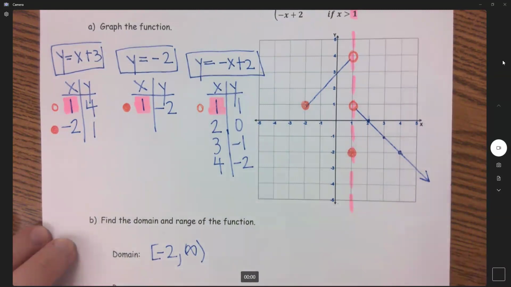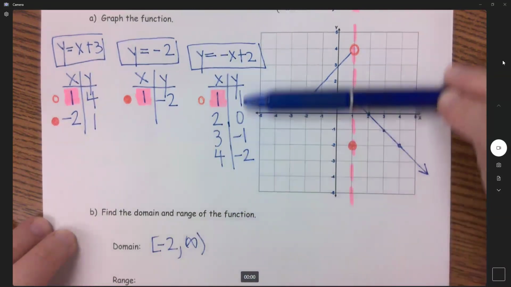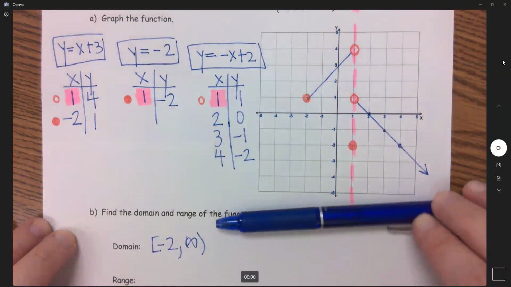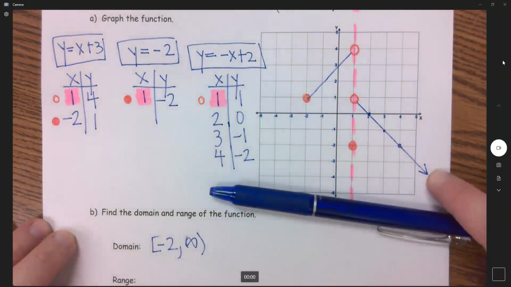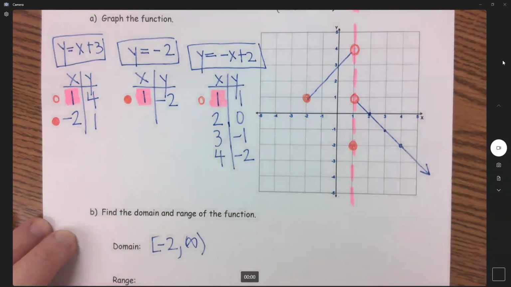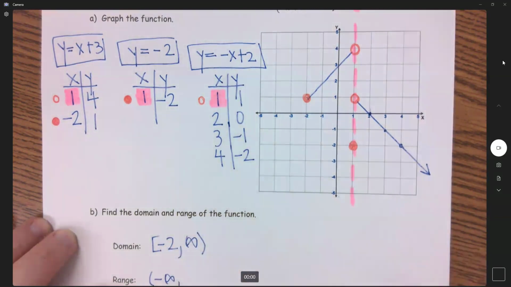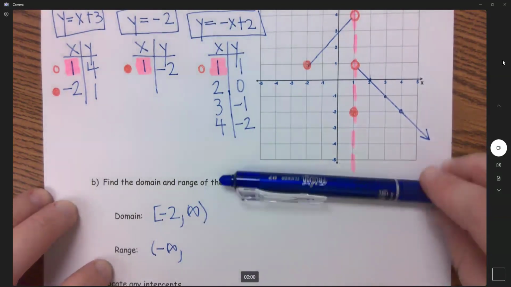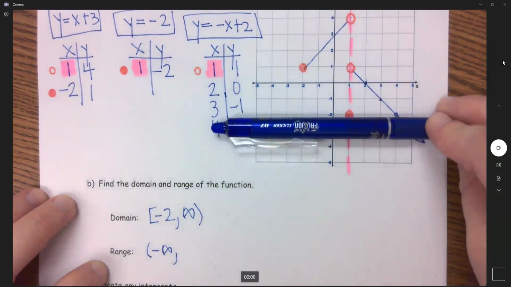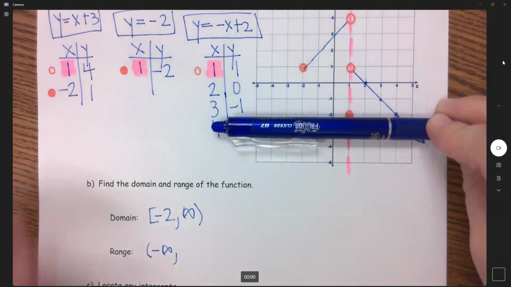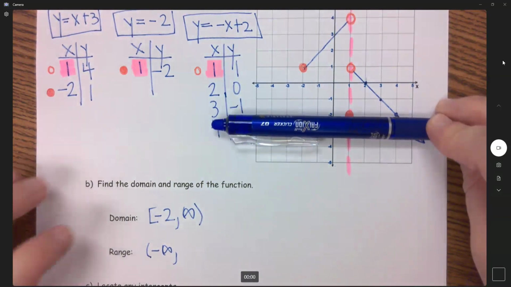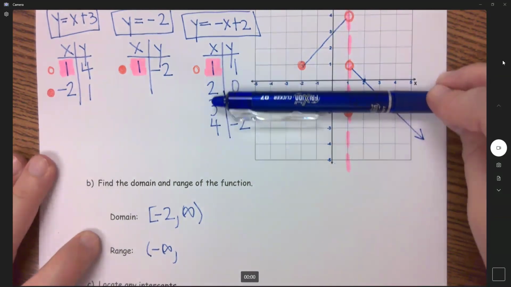Now my range. As I go from the bottom to the top, my lowest y value is this arrow right here. So that is -infinity, and then as we go up, right here, I have 2 y values, and that's okay. I at least have 1 y value, so we're not breaking. I keep going.